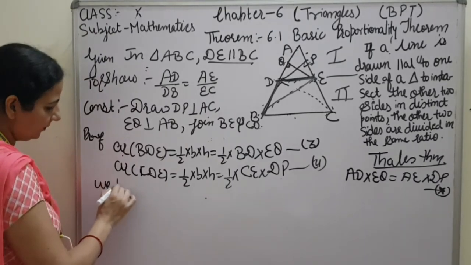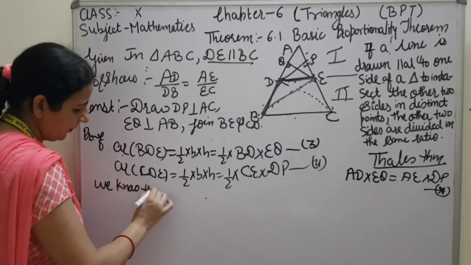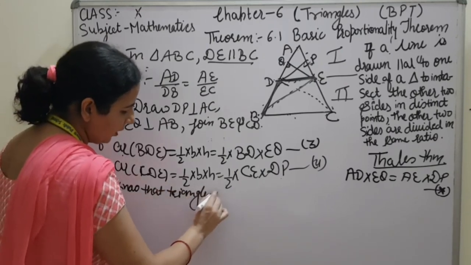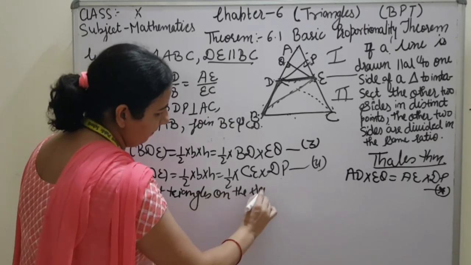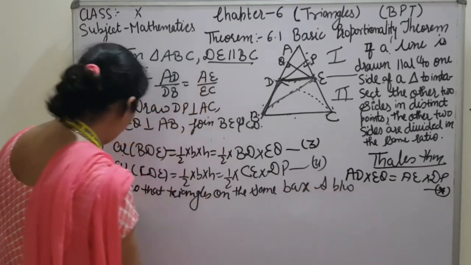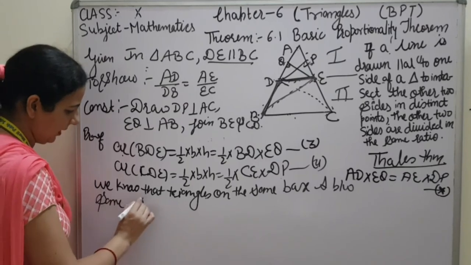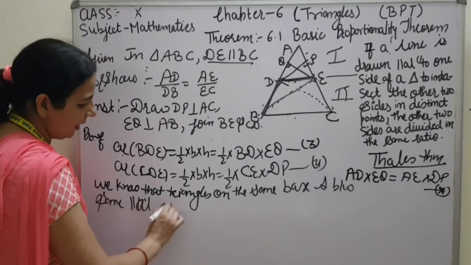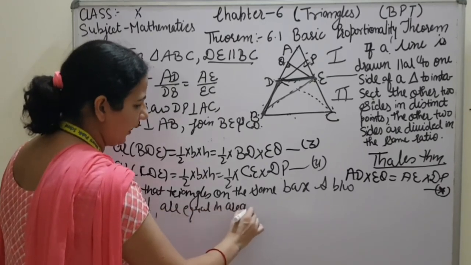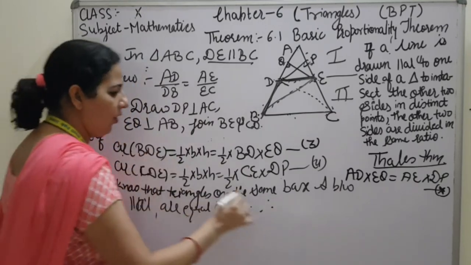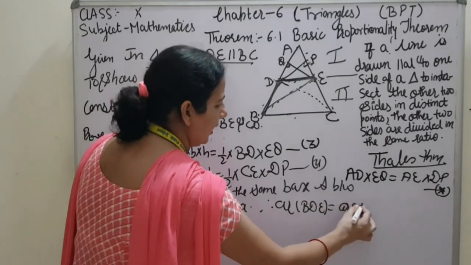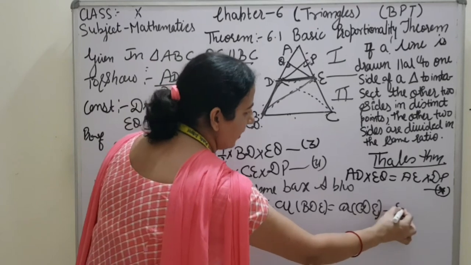In this line I have used the given parallelity. We know that two triangles on the same base and between the same parallels are equal in area. So what we can write here, therefore area of BDE is equal to area of CDE. This is our equation number 5.